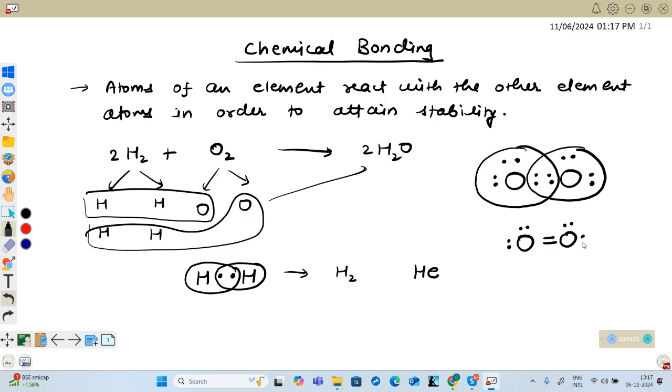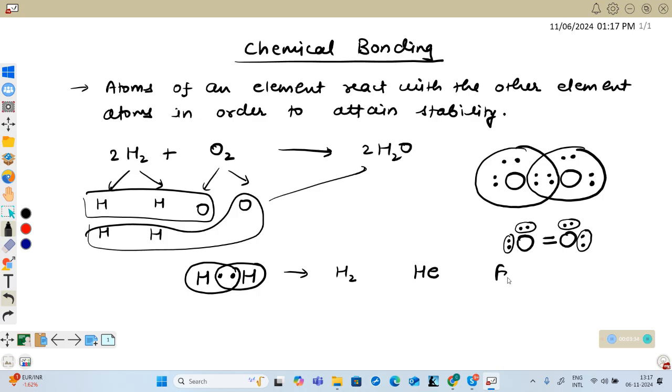Do you understand lone pairs? What are the lone pairs? Those valence shell electrons which are not taking part in the bond formation are called lone electrons. When they are in pairs, we call them lone pairs. Here on one oxygen atom there are two lone pairs. Total number of lone pairs in the oxygen molecule are 4.